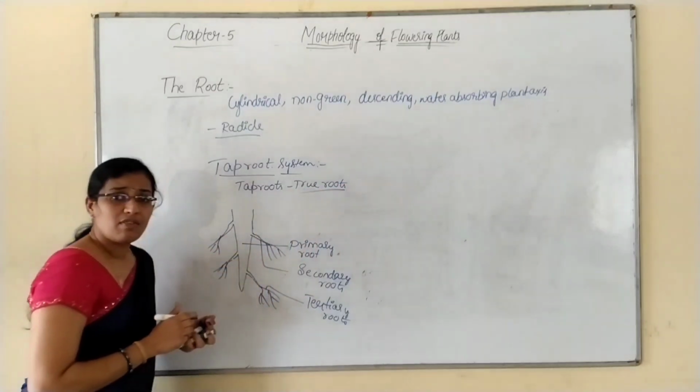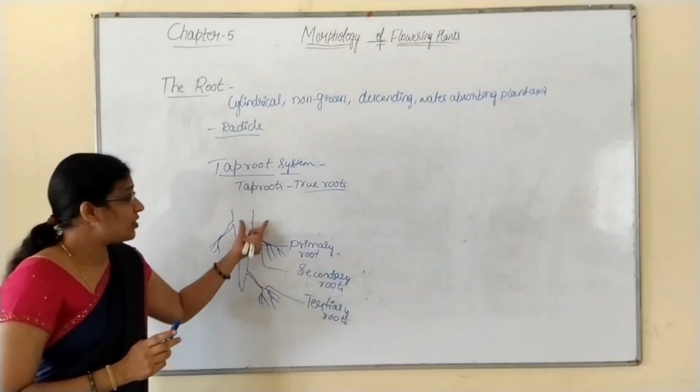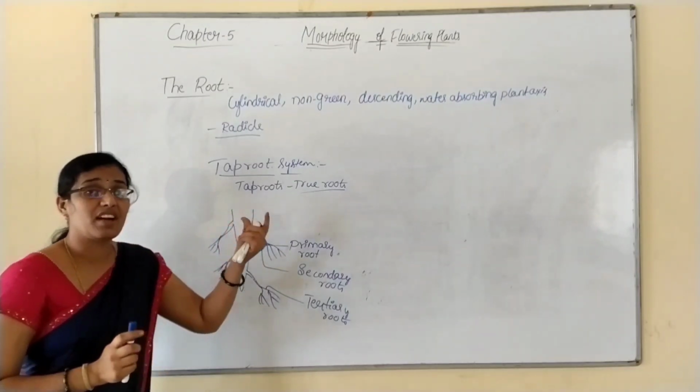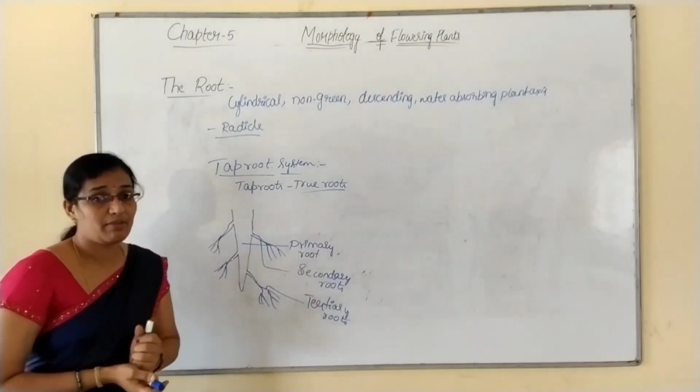The taproots are called true roots. Why? Only the roots which arise directly from the radicle are called true roots. So what do you mean by true roots?